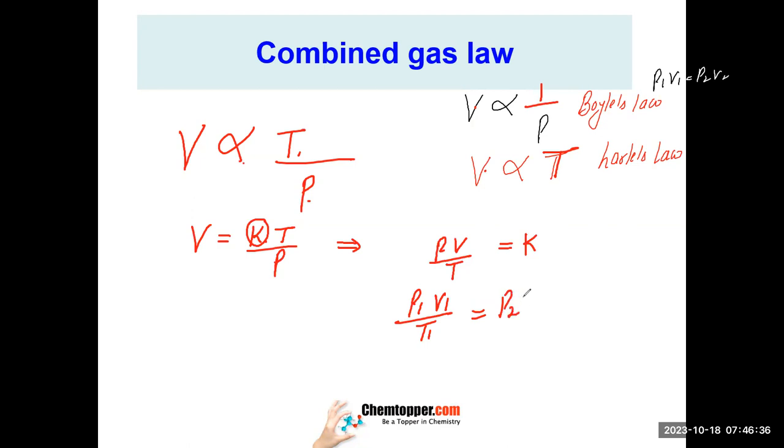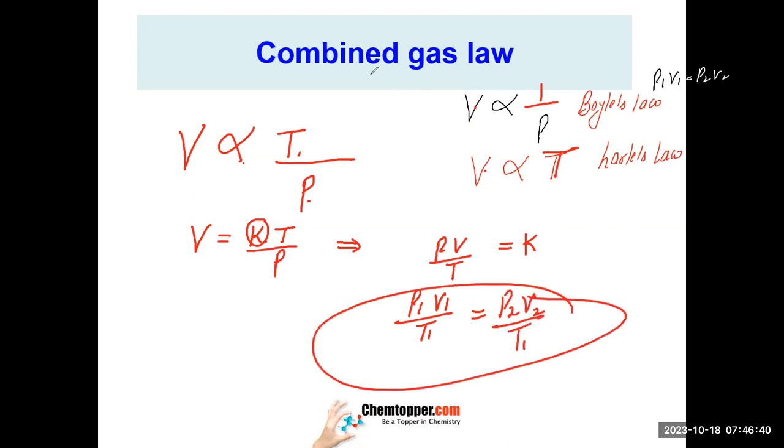Then you are getting this law, which I discussed earlier also, and it is called the combined gas law. Is it okay? So there are questions based on it. There will be questions in which you have to see which law we have to use.